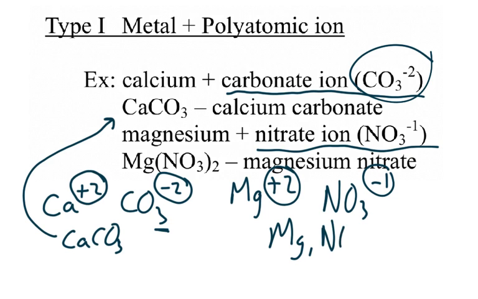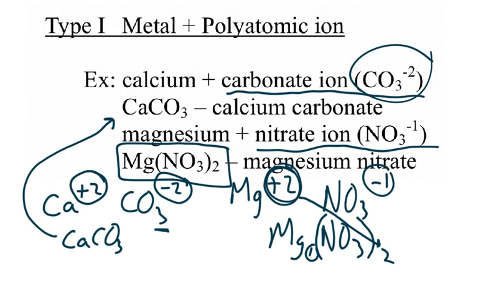To show that the nitrate ion gets this 2, we're going to put the entire polyatomic in parentheses, and then the 2 is going to be outside the parentheses as a subscript. Again, we don't have to write the ones, so you're going to end up getting Mg, open parentheses, NO3, close parentheses, and a 2. And that would be the formula for magnesium nitrate.